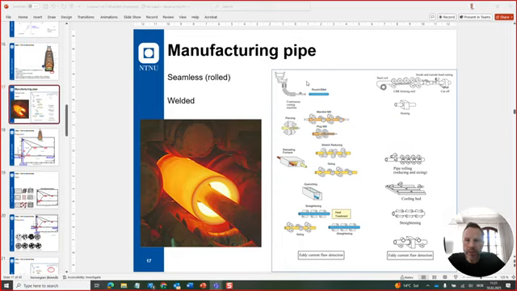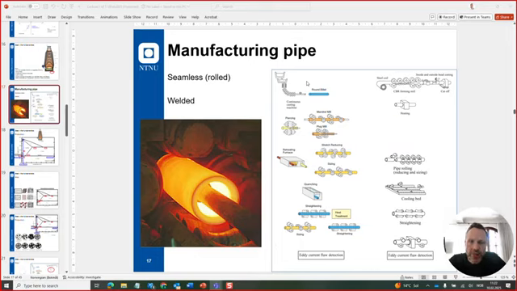Now, after this has taken place, there are a number of processes where it's rolled and milled in order to get towards the correct diameter and steel properties that we want in combination. What we will make a strong note of is the reheating furnace, and then the quenching.